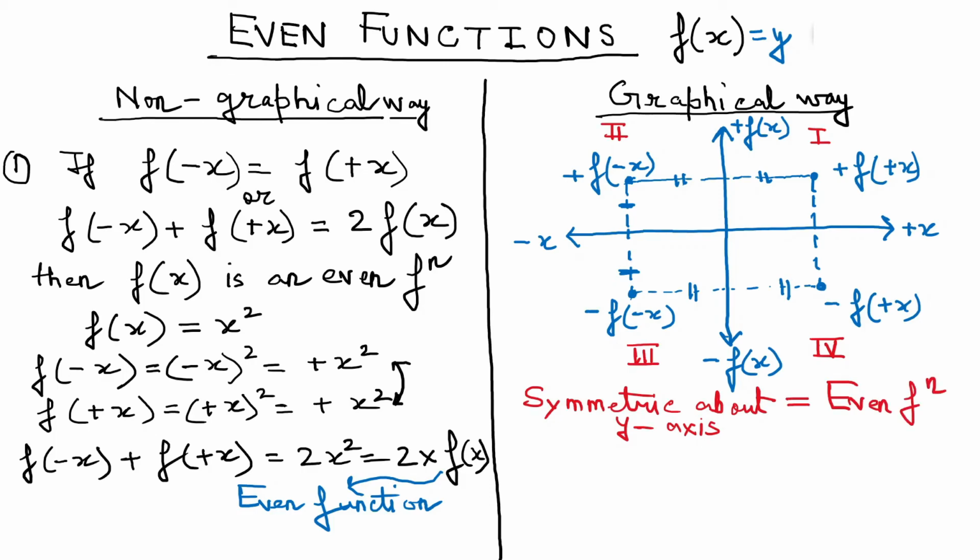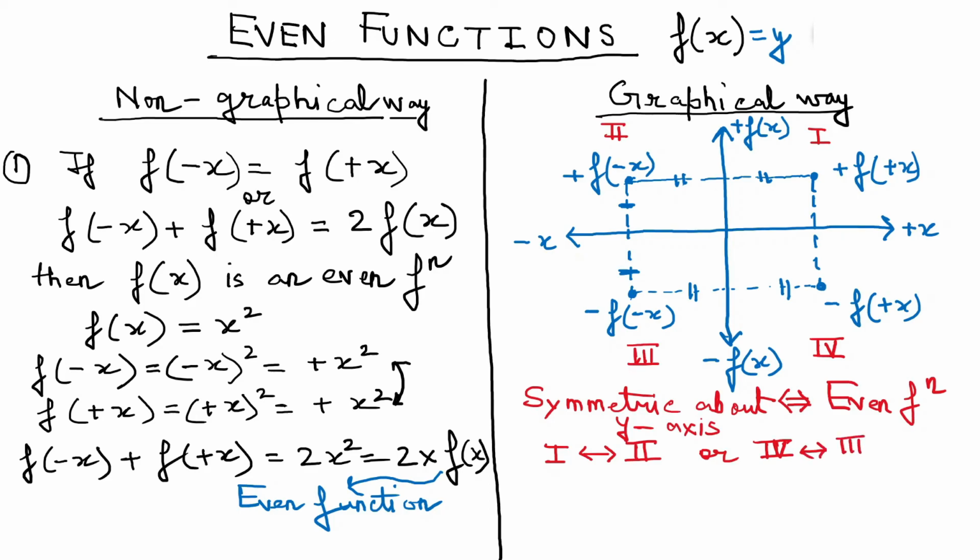Can we say this is vice versa? I mean, an even function will always be symmetric about the y-axis, and the graph of a function which is symmetric about the y-axis will be known as the graph of an even function, of course. That means this eventually boils down to whatever I have in the first quadrant, if the same thing is there in the second quadrant, or whatever we have in the third quadrant, the same thing we have in the fourth quadrant, and vice versa, or a combination of these.